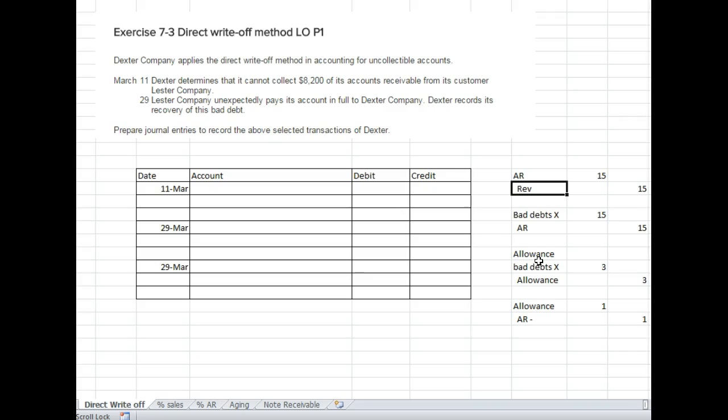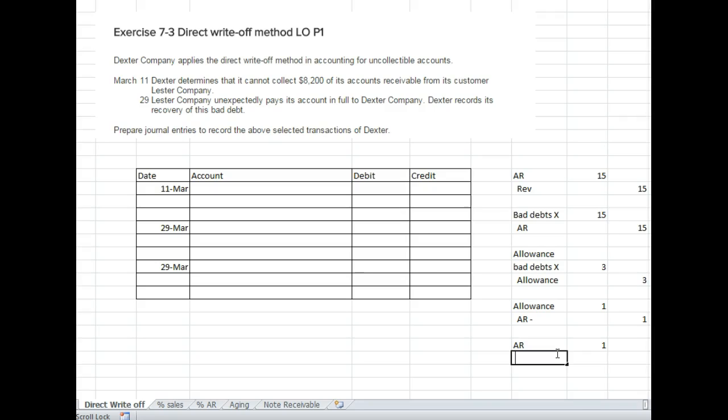Now if somebody comes back and says, I'm going to pay that, then you would debit the AR again, even though you are having to create another invoice or to do activity on the accounts receivable. It is better than playing with the revenue and the expense accounts.